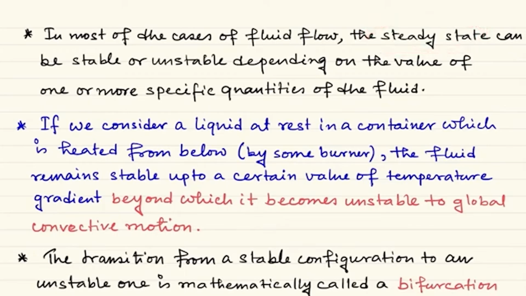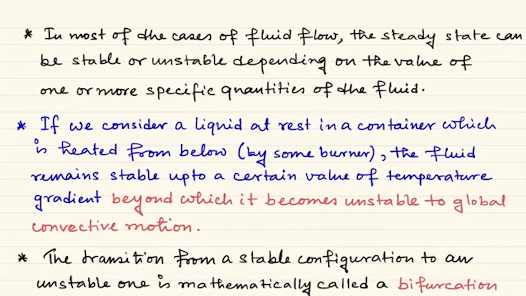If, for example, we consider a liquid at rest in a container and the container is heated from below by some energy agent, like a burner, the fluid remains stable up to a certain value of temperature gradient. That means the heat is transported from one layer to the other just by conduction, so macroscopic motions cannot be visualized.